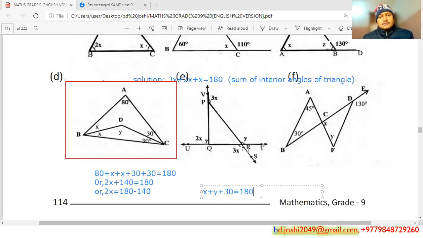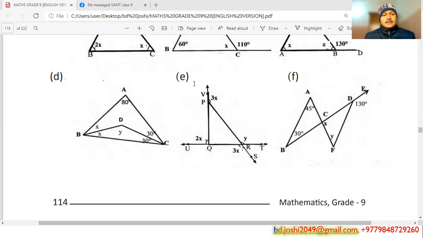Now look at question number E. How will you do it? Y is equal to 3x, vertically opposite angle.